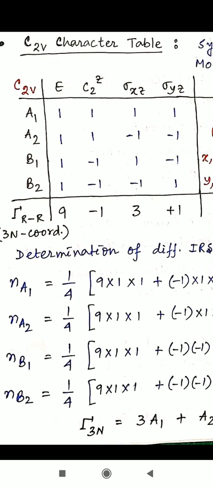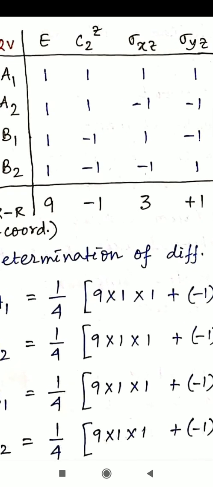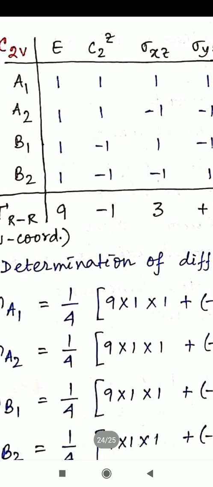Now where will I write A and where will I write B? For this one, just check that with respect to the C2Z, if C2Z is 1, then I have to write A, and if C2Z is -1, then we have to write B. So you just look at A1 and A2.